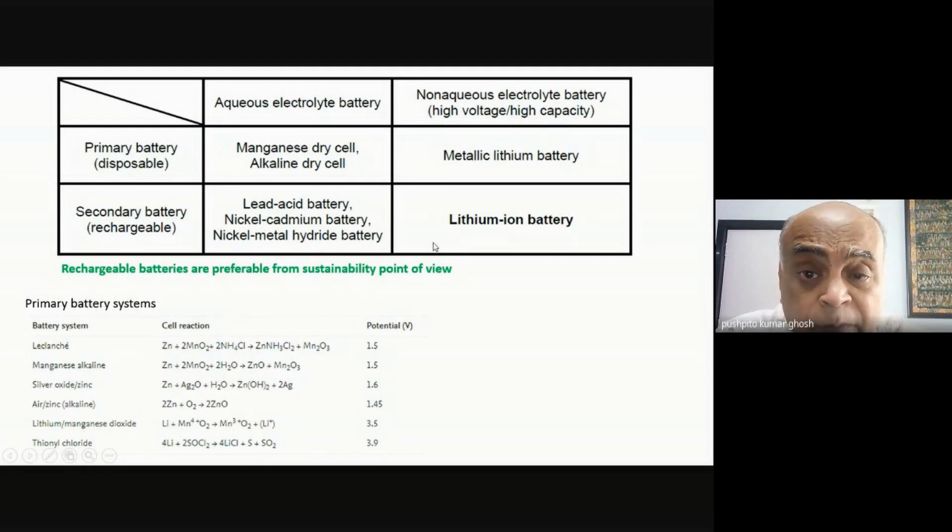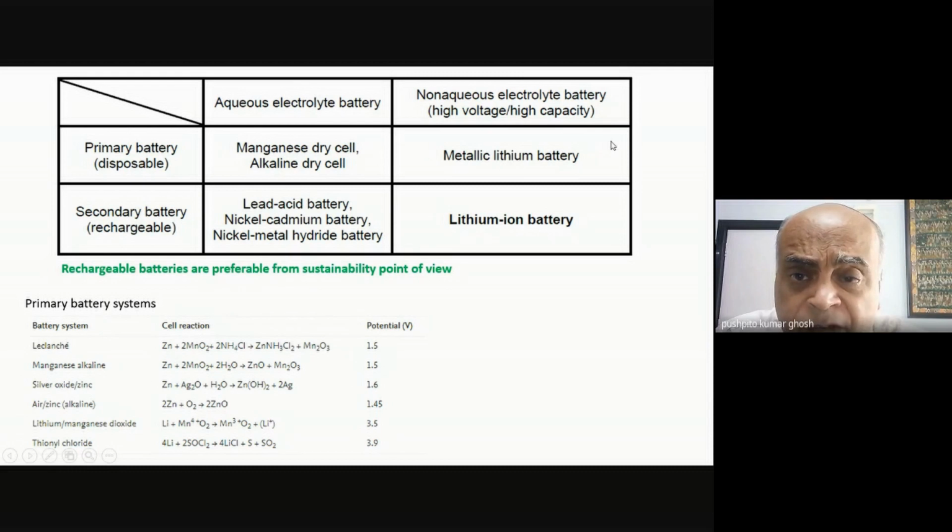These are all non-aqueous batteries because obviously you cannot have lithium in contact with water. It will immediately evolve hydrogen, right? And it will catch fire. So people had to understand the entire concept of battery design in non-aqueous systems. But things like ionic conductivity of your electrolyte all remain, because I have to maintain continuity of circuit. I have to have ionic conductivity in my cell. So obviously these non-aqueous batteries have electrolytes which are also ionically conducting.